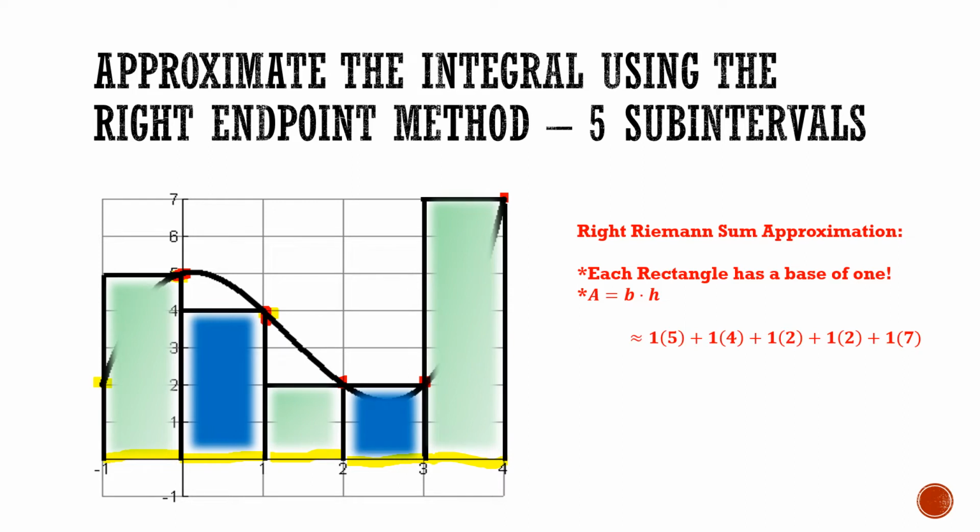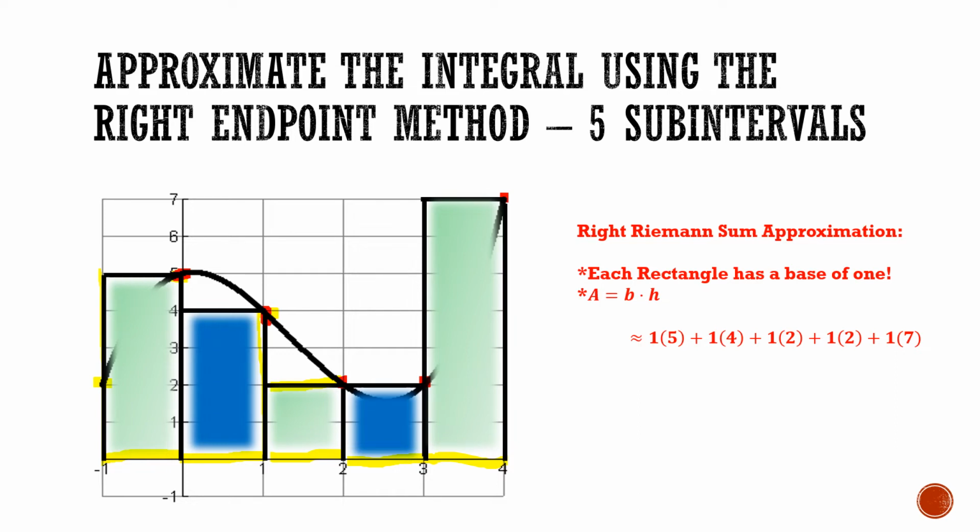So for this first rectangle, 1 times 5 because the height of this rectangle is 5. And then 1 times 4 because the height of this rectangle is 4. The next green rectangle is going to be 1 times 2 because the height of it is 2. The next blue one is going to be 1 times 2 again, the same as the previous. And then the last one is going to be 1 times 7 because it goes all the way up to 7.